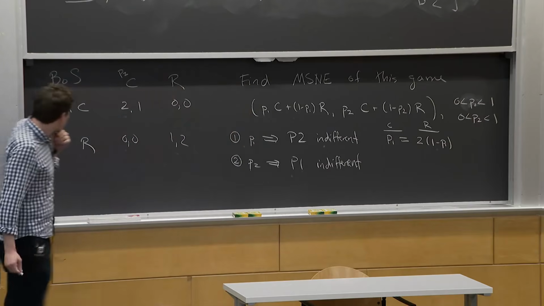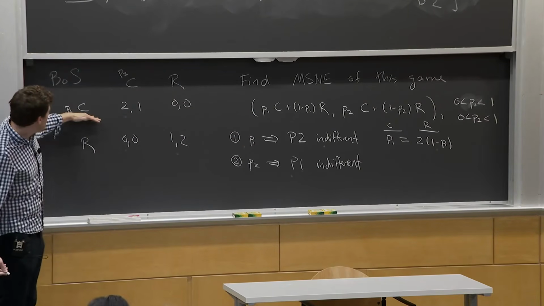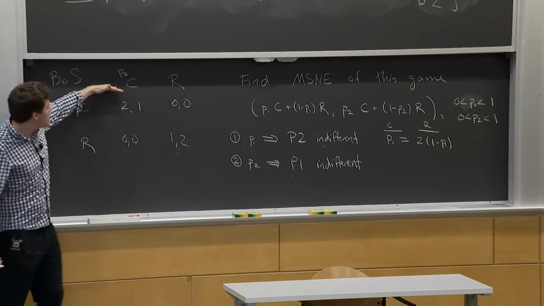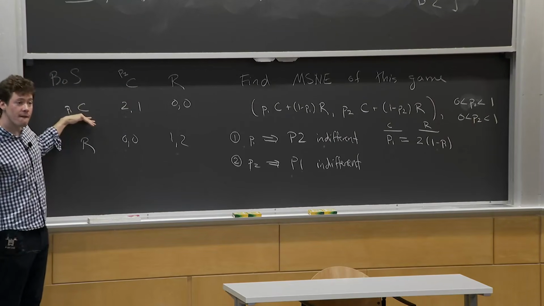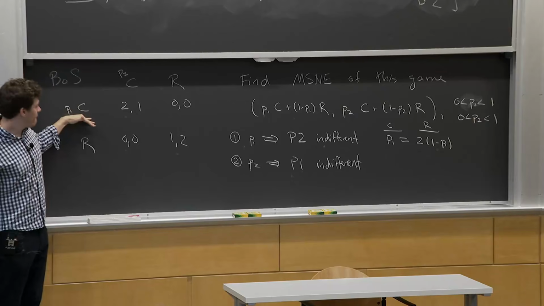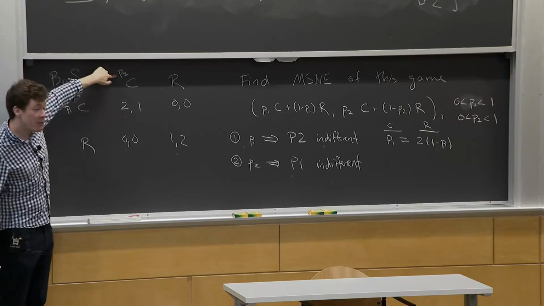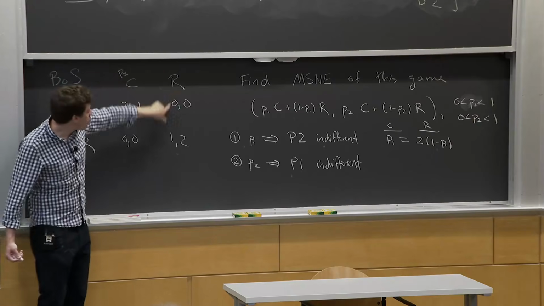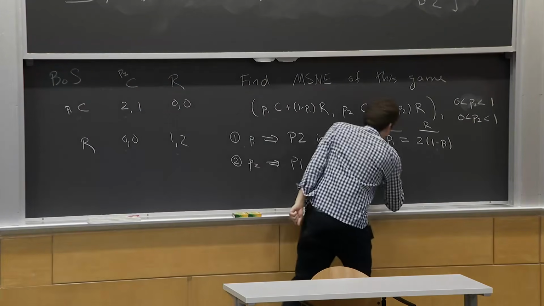And now let's do the same thing for player 1. I'm player 1. If I play C, given that my opponent is playing C with probability P2, what is my payoff going to be as player 1? Well, it's going to be 2. I get 2 with probability P2, and 0 with probability 1 minus P2, so I just get 2 P2.